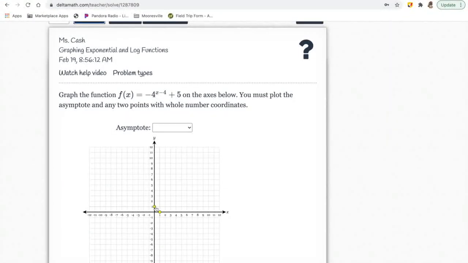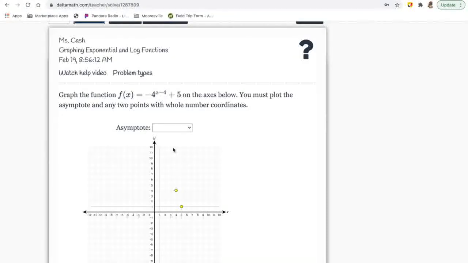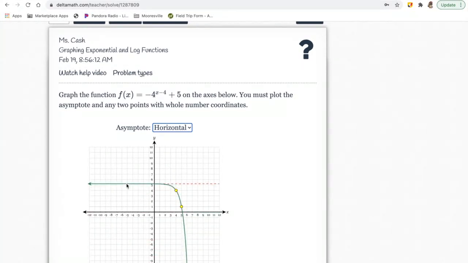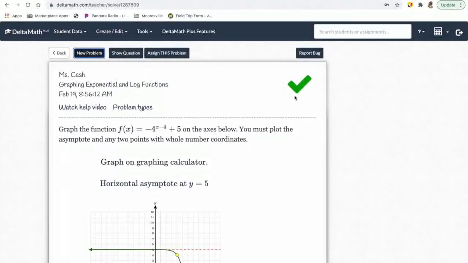Corner points at 4, 4 and 5, 1, and horizontal asymptote at y equals 5. So I go here, I tell it it's a horizontal asymptote, and I drag that horizontal asymptote up to the 5. Once I get it where I think it needs to be, I hit submit, and it'll tell me whether I'm right or wrong.